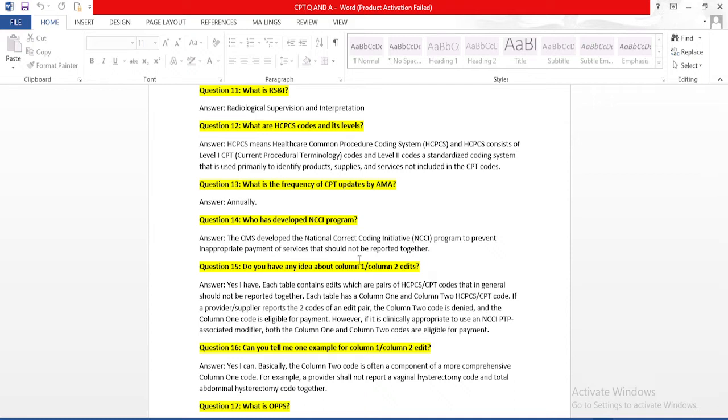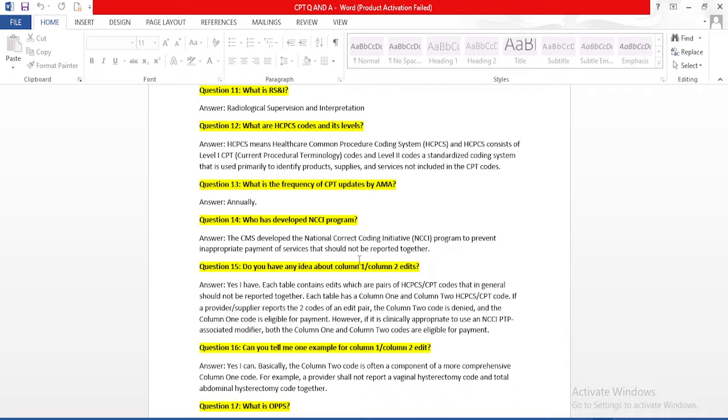Next one, what are HCPCS codes and its levels? HCPCS means Healthcare Common Procedure Coding System, and HCPCS consists of Level 1, CPT, Current Procedural Terminology codes, and Level 2 codes, a standardized coding system that is used primarily to identify products, supplies, and services not included in the CPT codes.